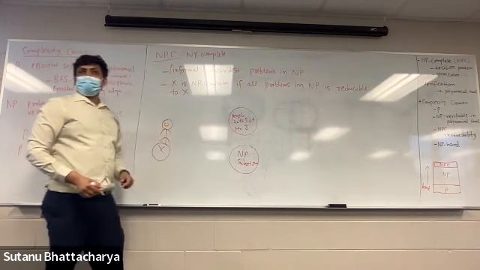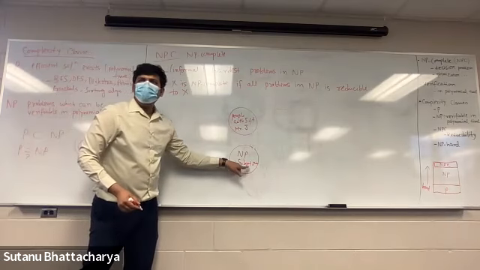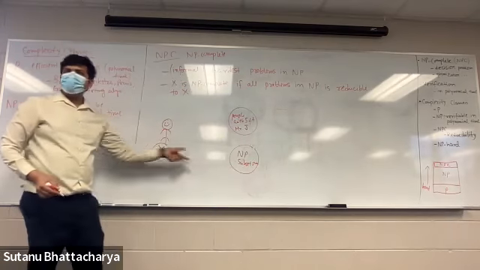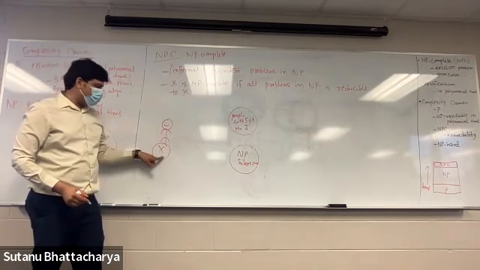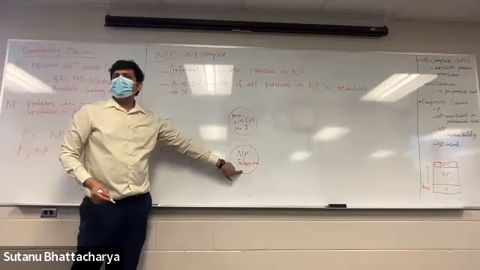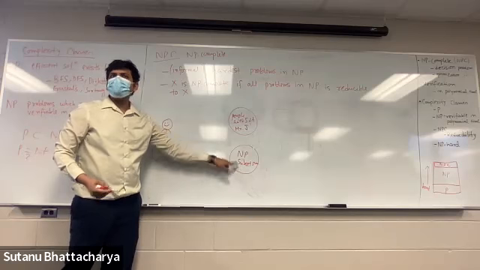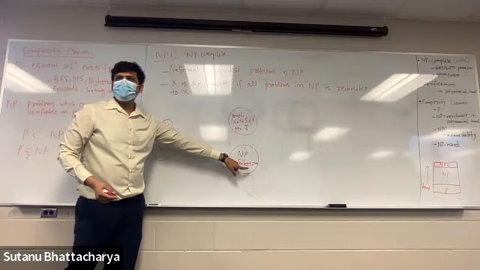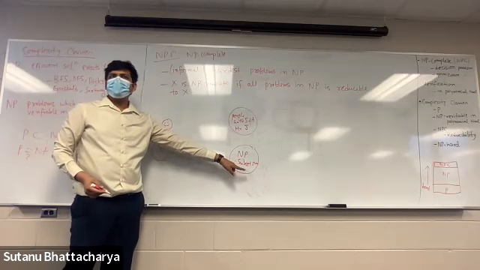So that is reduction. That means this is a known problem. We will reduce this problem to X. That means we'll prove that X is harder than this problem. Then obviously X should be there, right? That is reduction.